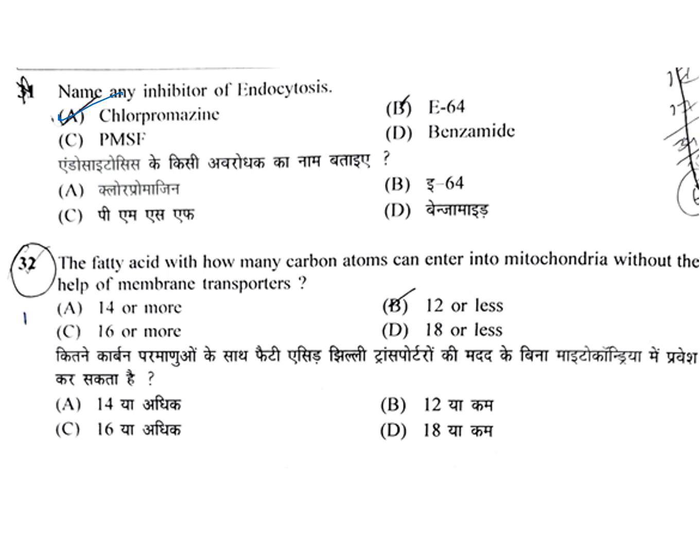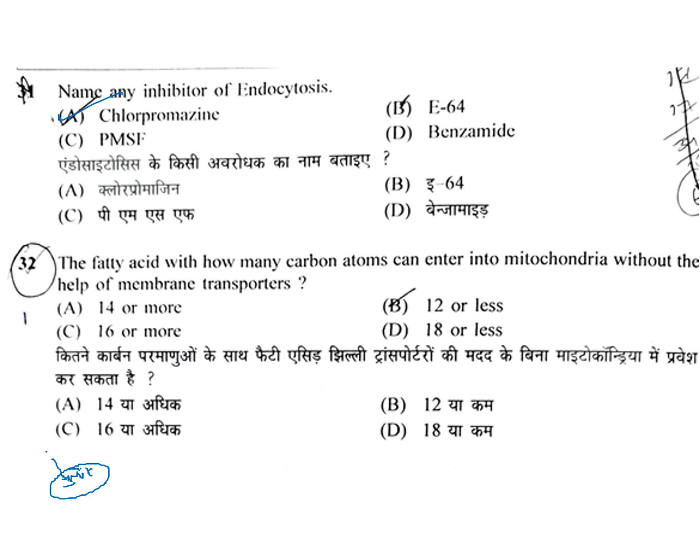Next question: the fatty acid with how many carbon atoms can enter mitochondria without the help of a membrane transporter? During oxidation, fatty acid has to cross the mitochondrial membrane, moving from the cytosol inside the mitochondria. If the carbon chain length is 12 or less, then it can pass directly.